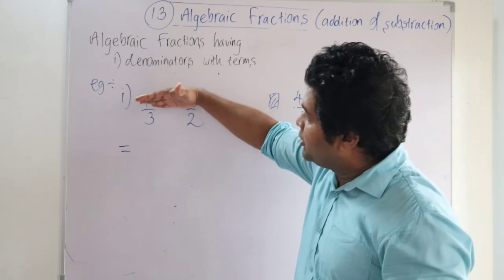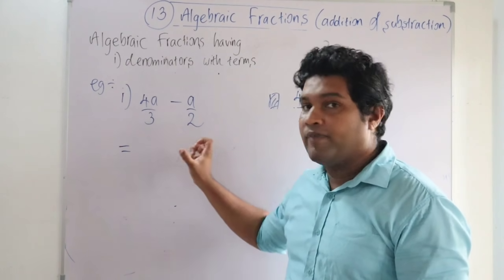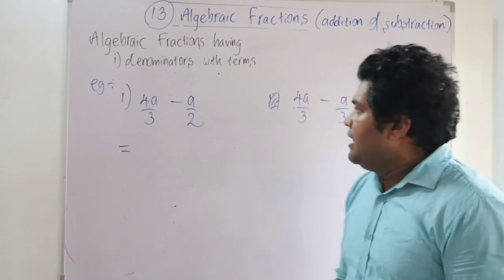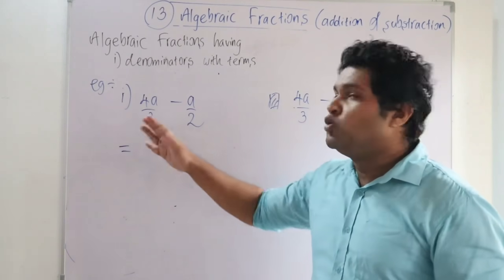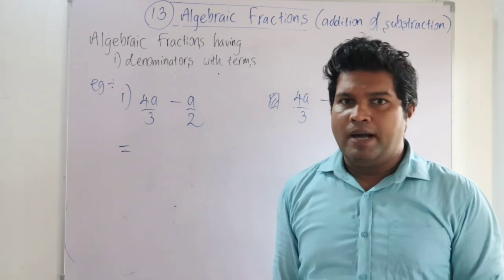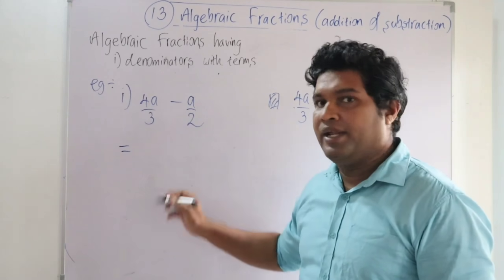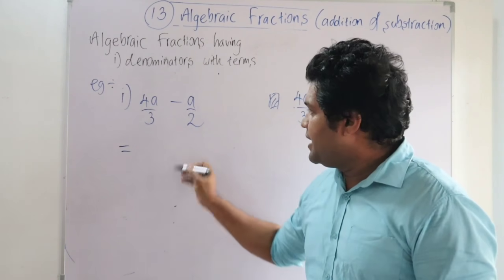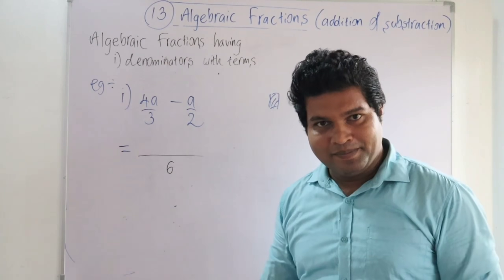But before we go to algebraic terms in the denominators, we have to simplify this kind of small question. What is the common denominator for 3 and 2? Because there are two denominators, we can't do the problem with two denominators. Therefore, we must have one denominator instead of them. What is the denominator? For 3 and 2, 6 is the denominator.